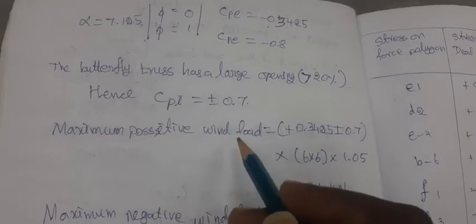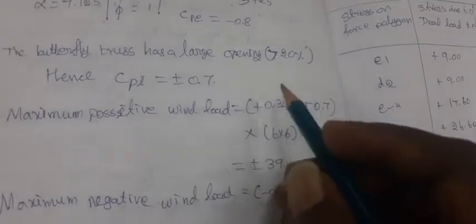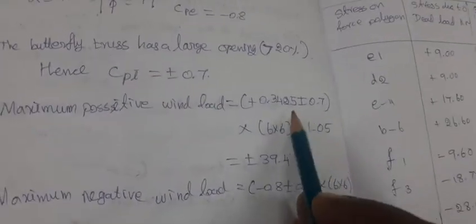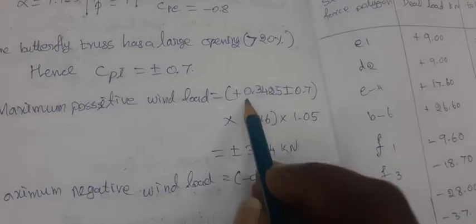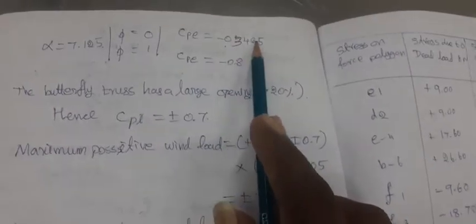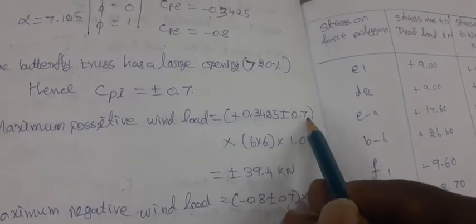So maximum positive wind pressure and maximum negative wind pressure we need to calculate. Maximum positive wind pressure is nothing but the difference between external and internal coefficients into area into wind pressure. So here I am saying it is plus 0.3425 plus or minus 0.7.